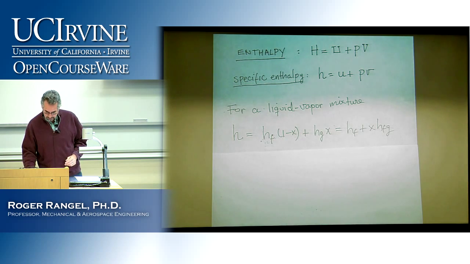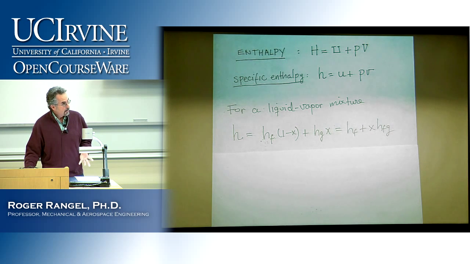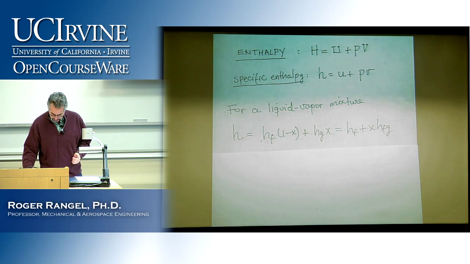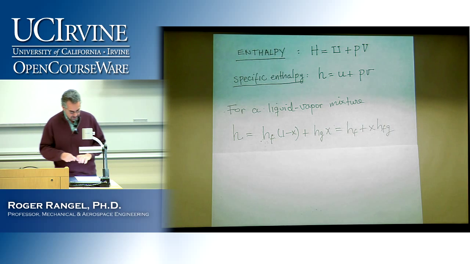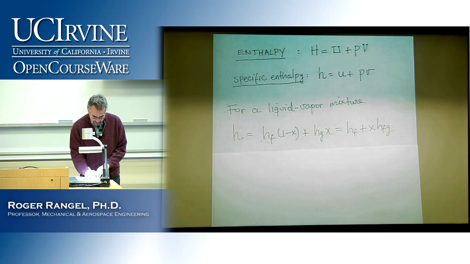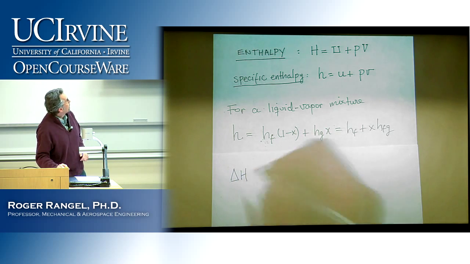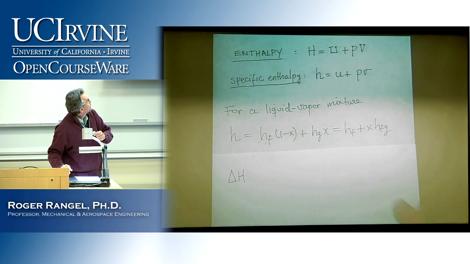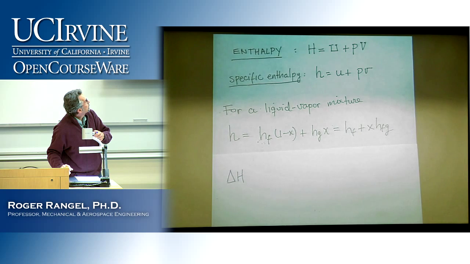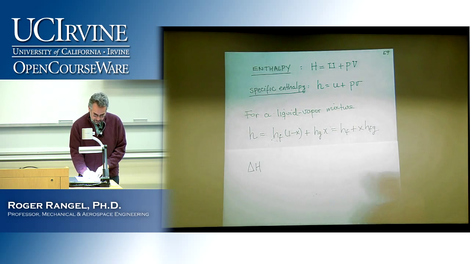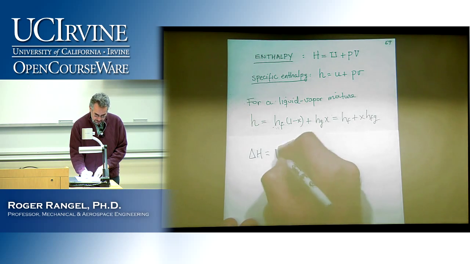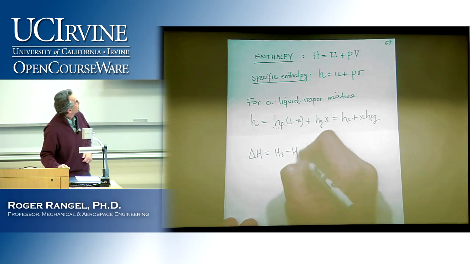And of course, let's write the enthalpy change in this process. So suppose that I want to calculate delta H for our problem on the previous page. Then, of course, this would be H2 minus H1.